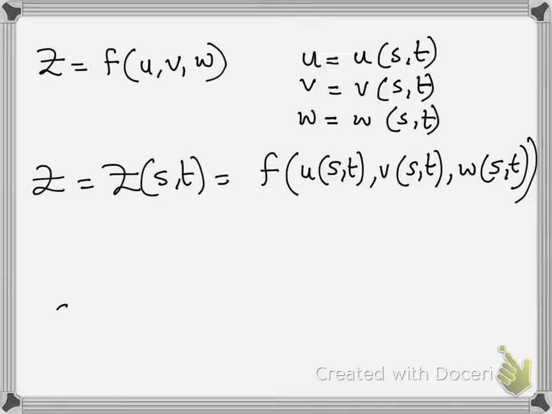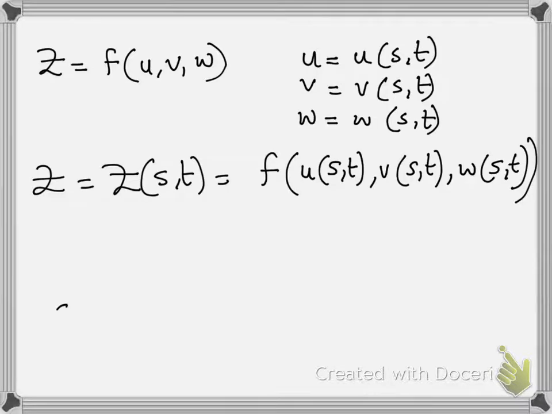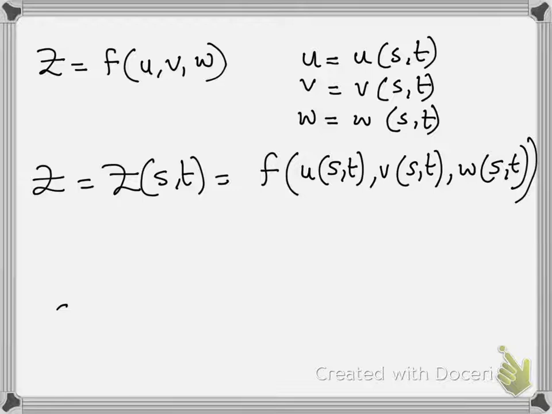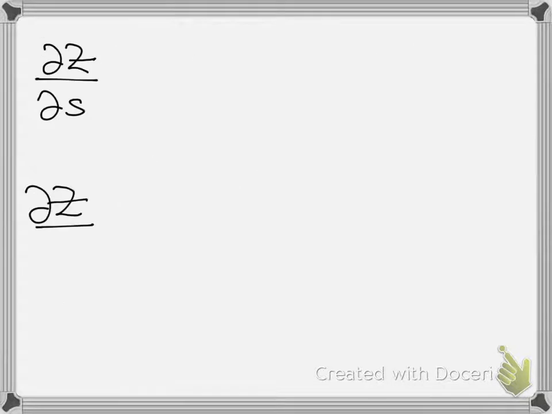So now the question: what's the derivative of z? Here, z is a function of two variables, right? So what's the derivative of z with respect to s? And what's the derivative of z with respect to t?